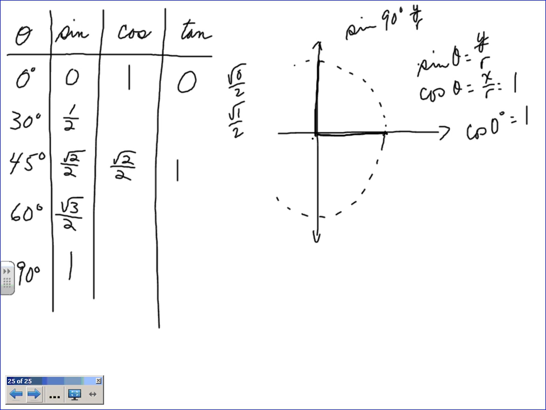Square root of 1 over 2. 1/2. Square root of 2 over 2. Square root of 3 over 2. And the square root of 4 over 2. Which is 1, right? So it's kind of a pattern to remember this first column, because we need to commit that to memory.